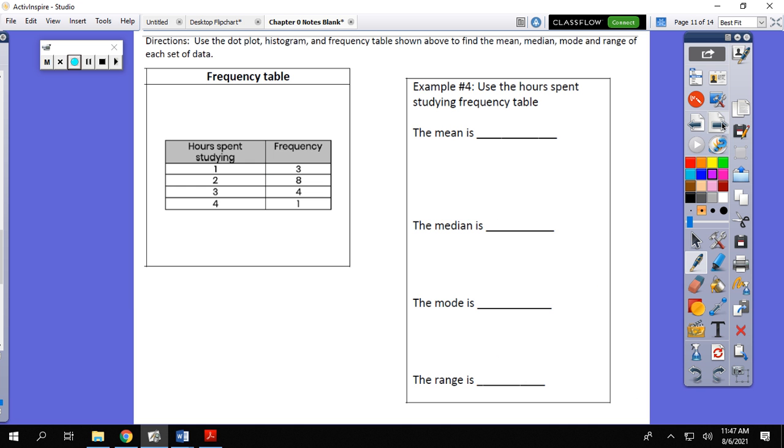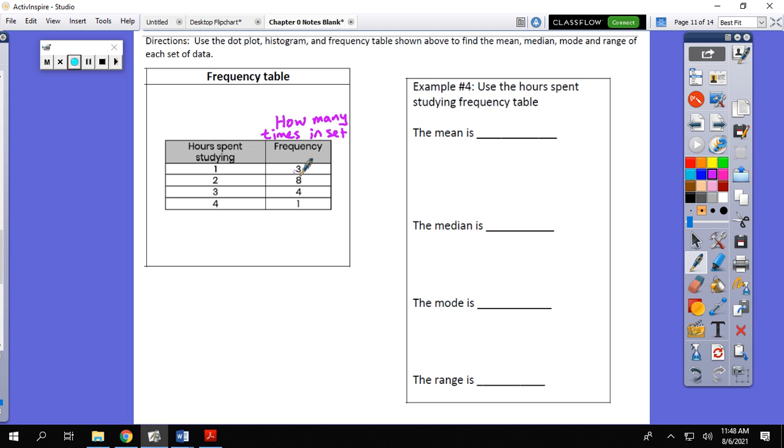Our third and final display for this video is called a frequency table. And these can be very tricky. We need to know what the word frequency means. Basically, this is saying how many times that number occurs in our data set. Here's what it looks like if we write it out instead of abbreviating it with this table.